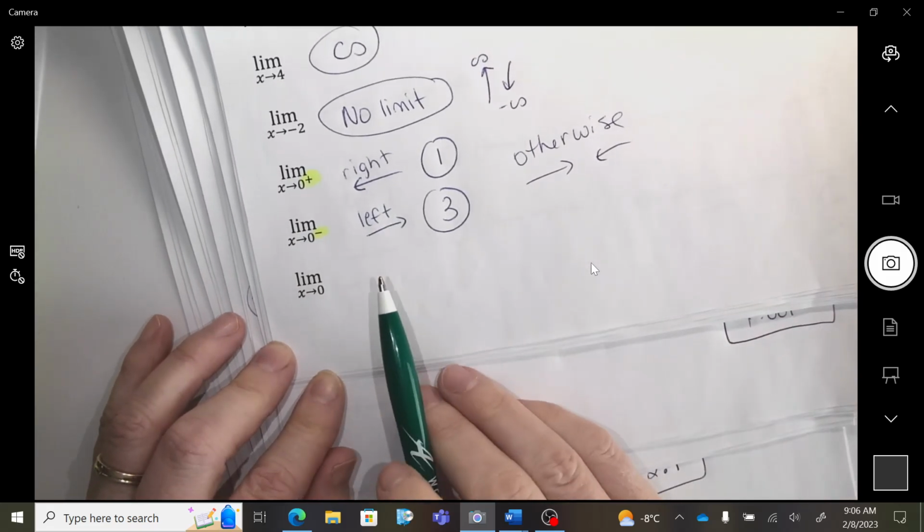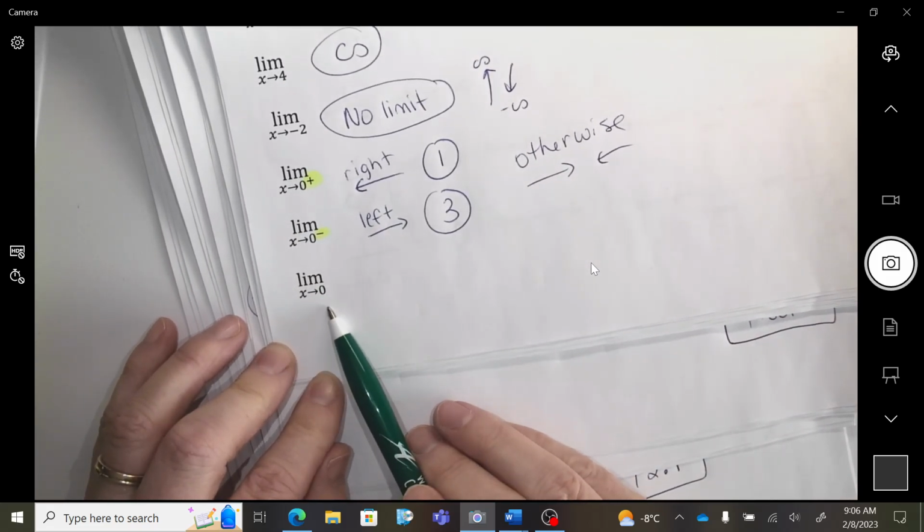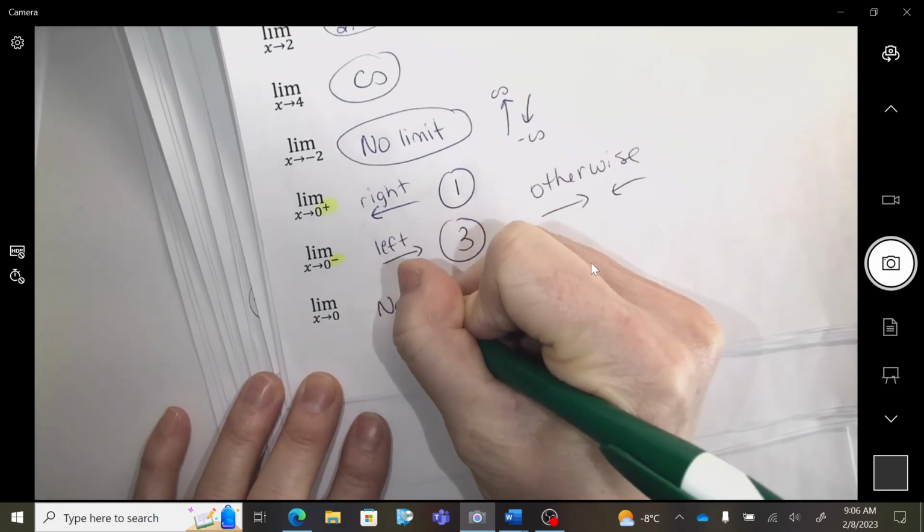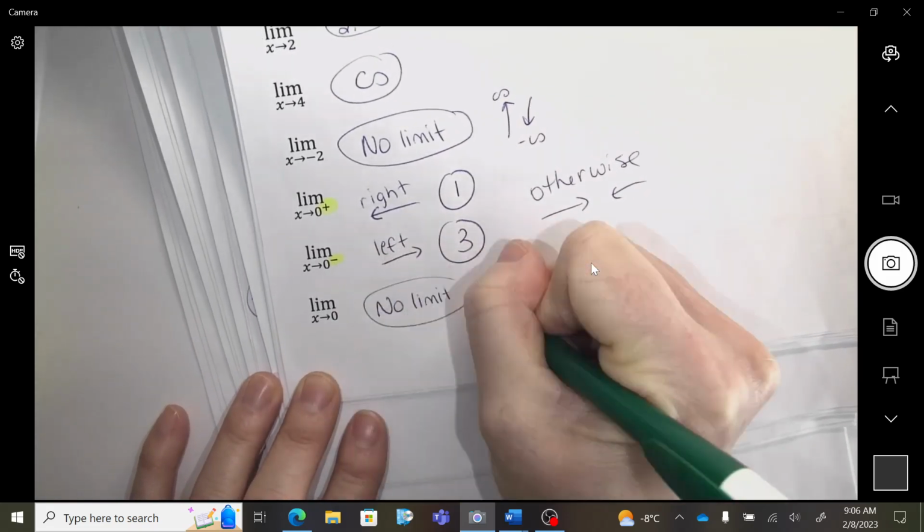So what's a conclusion if I ask the limit as you just head towards 0 from both directions? One side headed towards 1, and one side headed towards 3. So now the whole limit is, there's no limit on that then.